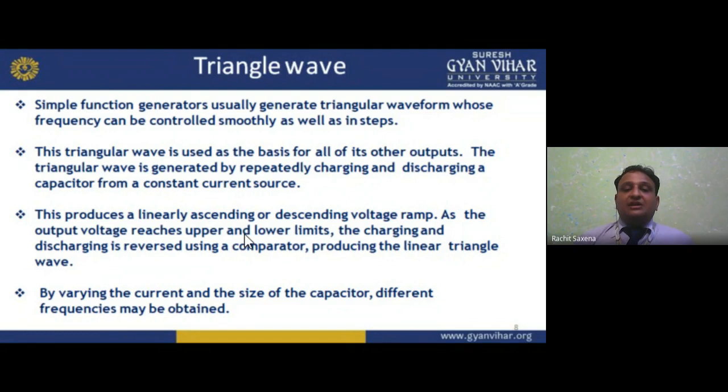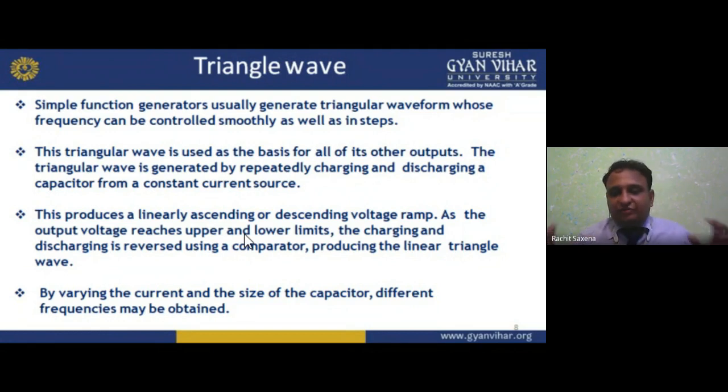This produces a linearly ascending or descending voltage ramp. As the output voltage reaches upper and lower limits, the charging and discharging is reversed using a comparator.